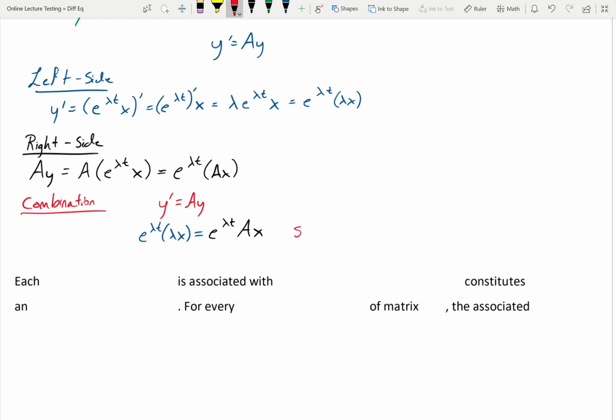And since e^(λt) is never equal to 0, we're left with the following equation: Ax is equal to, and I did move those around, λx, where x is a non-zero vector. So this is the eigenvalue problem.